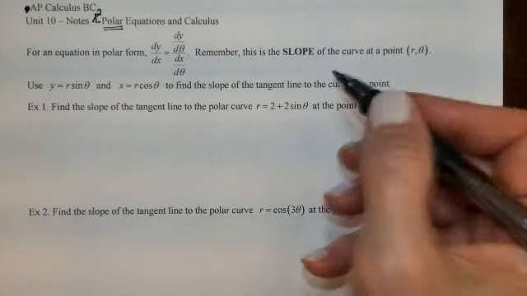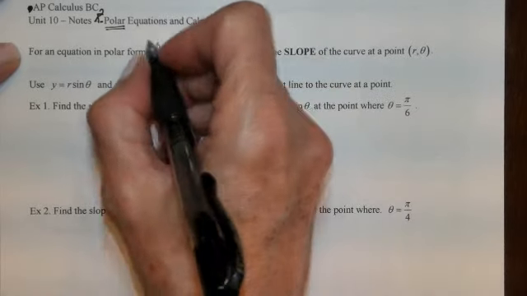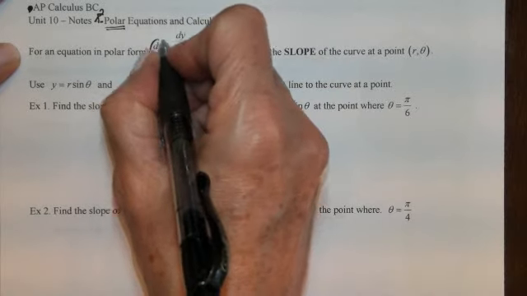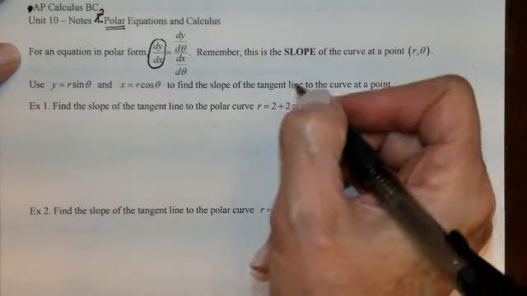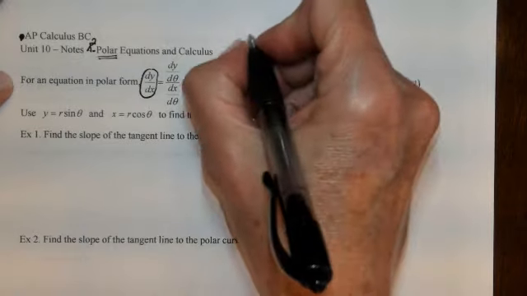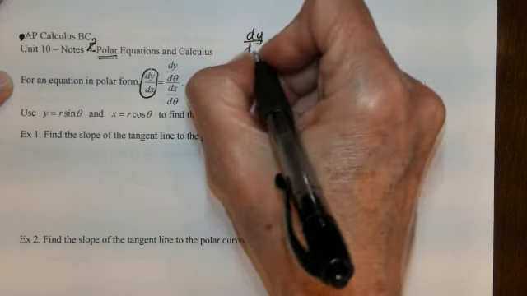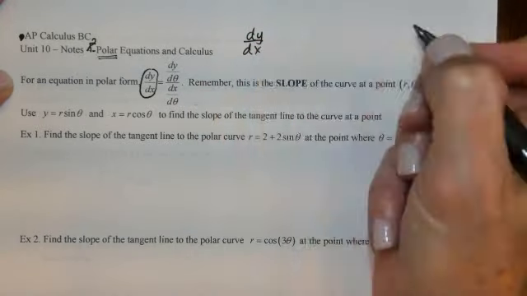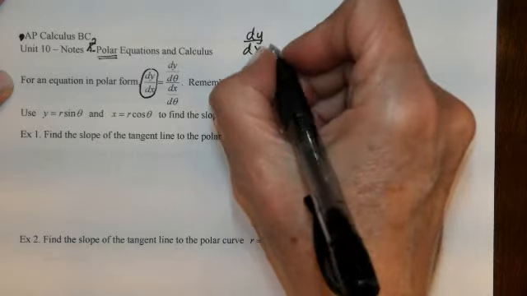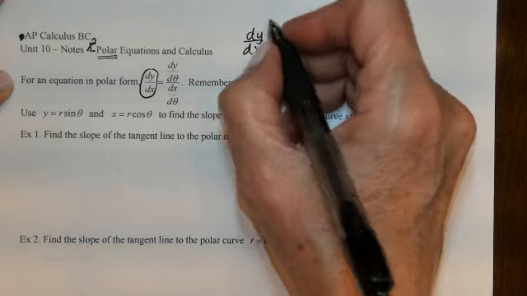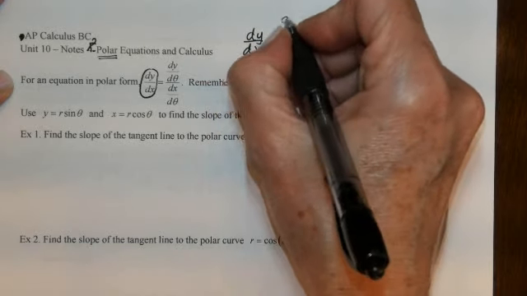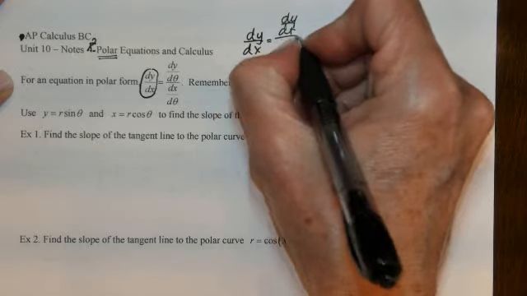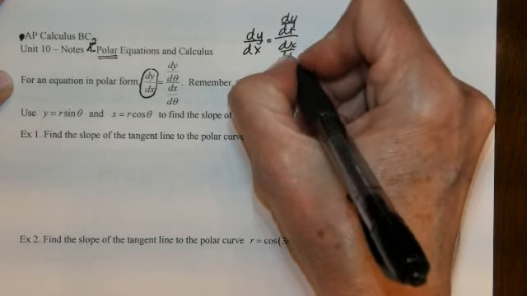So slope is always dy dx. Slope is always dy dx. When we were in parametric equations with position and velocity and so forth, we said that dy dx was dy dt divided by dx dt.